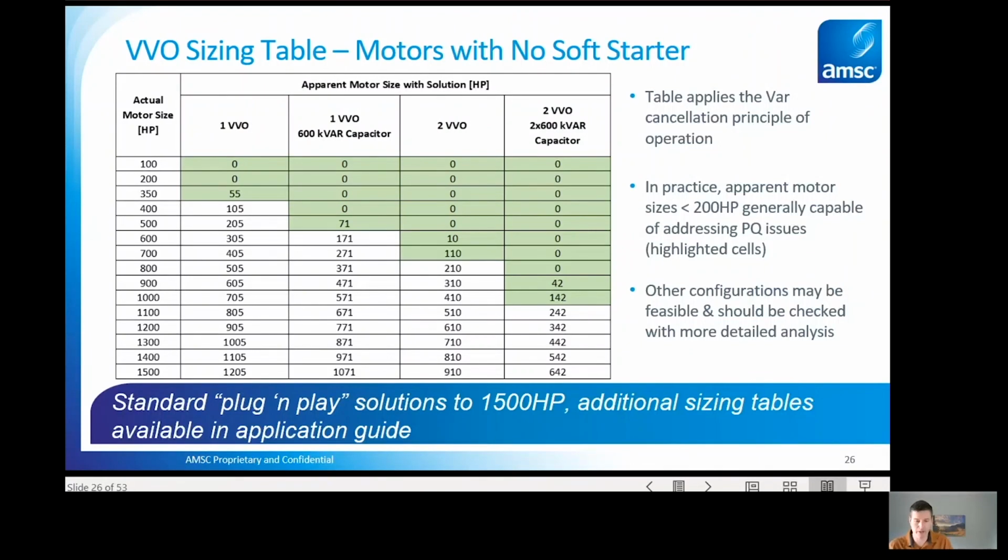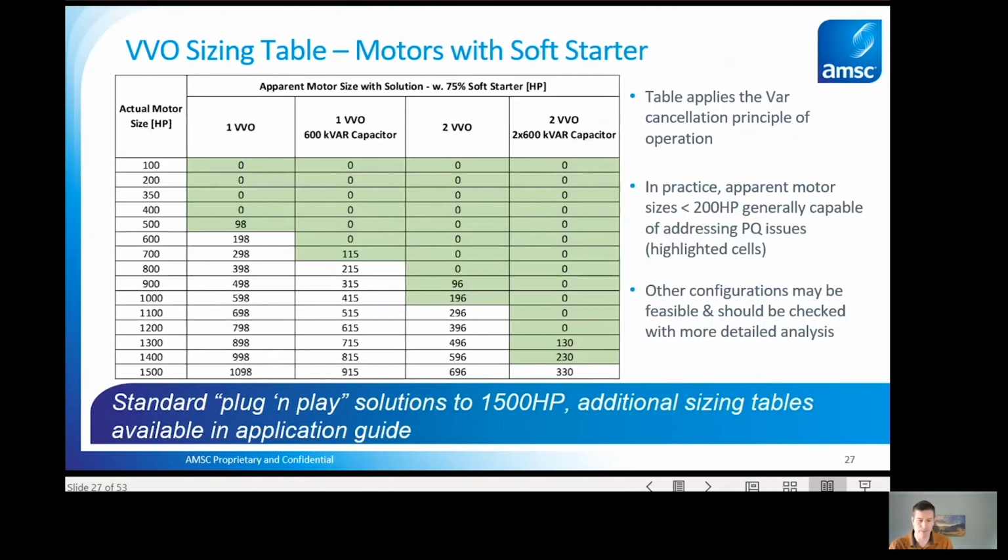A very important note here: this is when there is no soft starter on the motor. In the vast majority of our applications, we actually do see a soft starter on the motor. Again, reinforcing that soft starters are not going to be solving this problem in general. So we also have a table that provides sizing guidelines when you do have a soft starter on that motor.